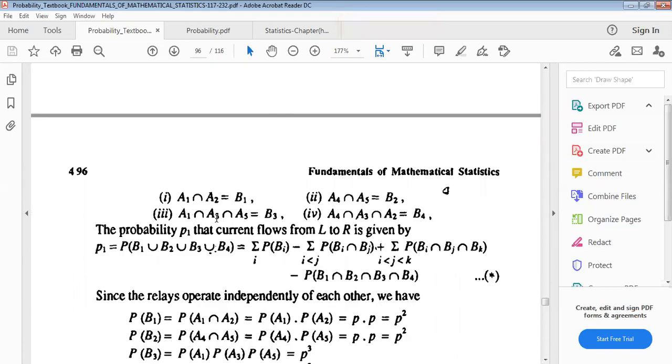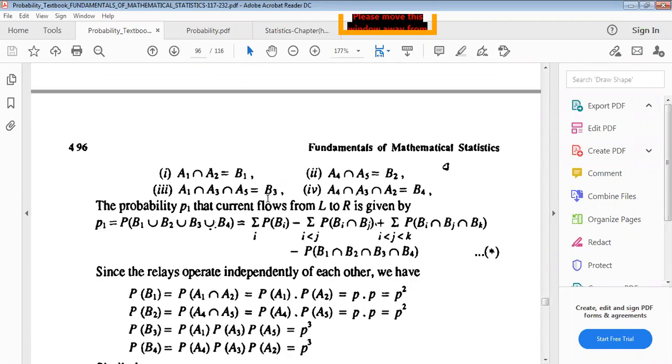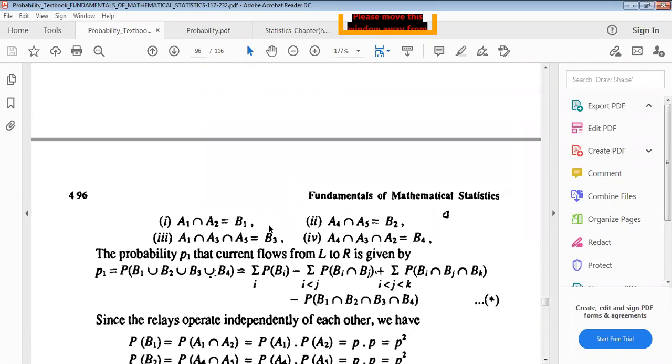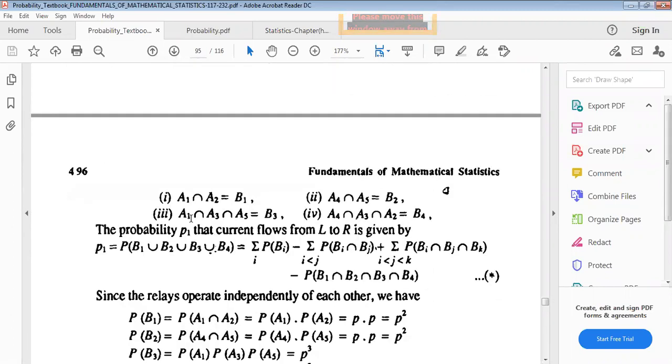Then A1 A3 A5, this is another way to get B3. And A4 A3 A2, this is the way to get B4.